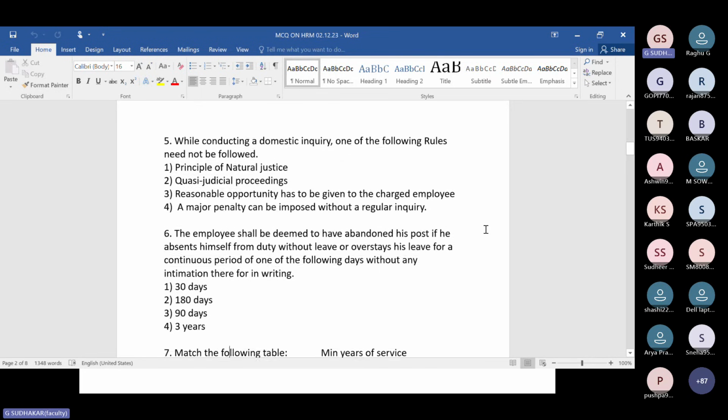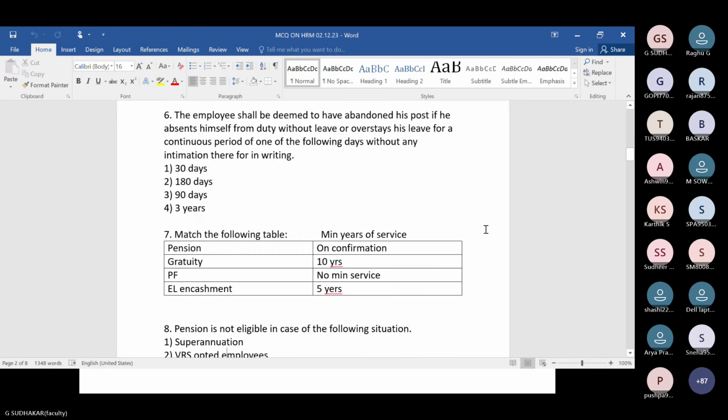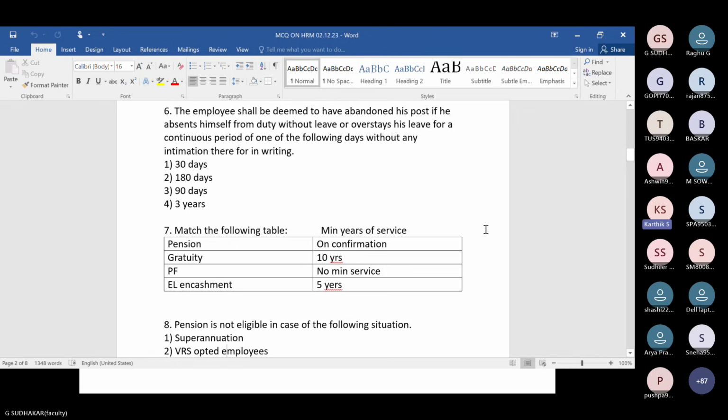Okay, 6th one. The employee shall be deemed to have abandoned his post if he absents himself from duty without leave. Please read it in your mind and let others also think about the answer. Option 3, sir. This is a direct question.